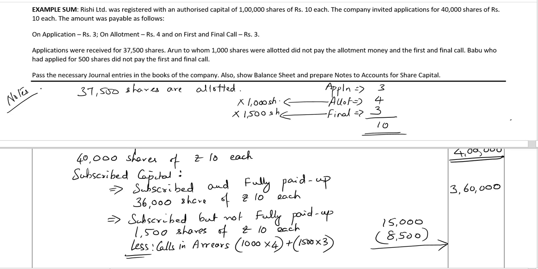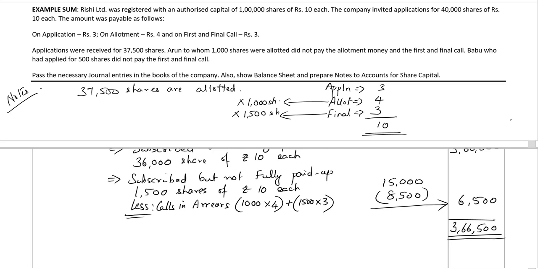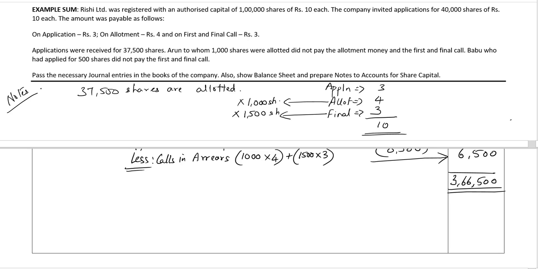So the amount in the outer column is 6,500 rupees. And the amount to be shown under share capital in the balance sheet is 3,66,500 rupees. The shares have not been issued at a premium, so there is no item under reserves and surplus.